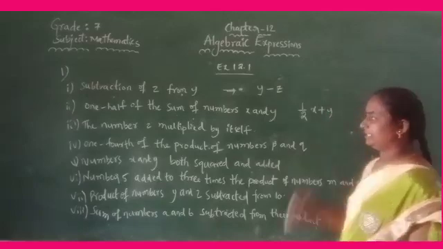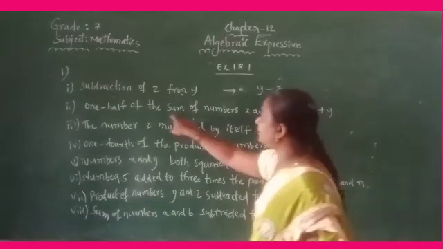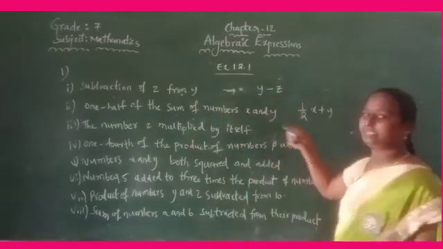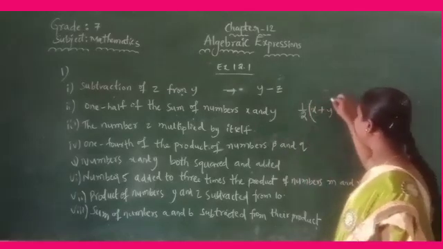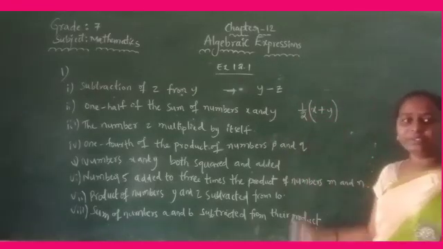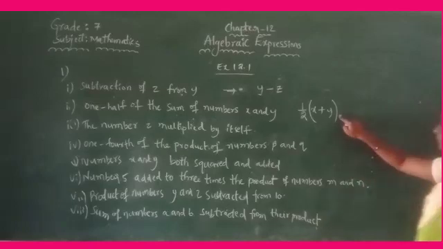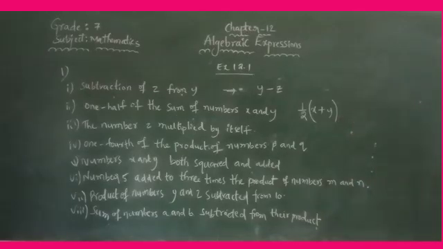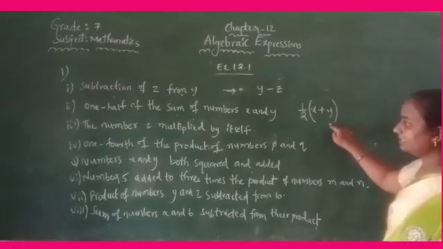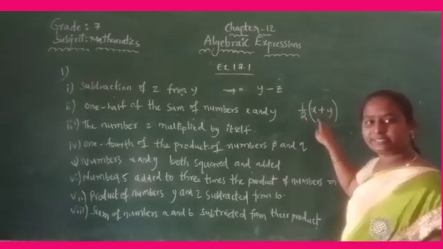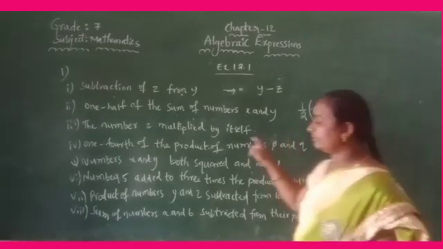So half of the sum, then 1/2 into x plus y. So what is the algebraic expression here? 1/2 into x plus y. Is it clear, children? Half of x plus y. Tell me the third one.